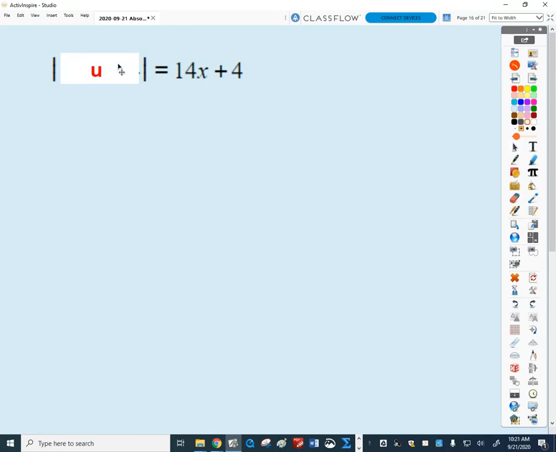We're going to say that whatever's inside, call it u, right, equals either positive 4x plus 4 or whatever's inside equals negative 4x plus 4, right? Well, what's inside? Let's take a look.